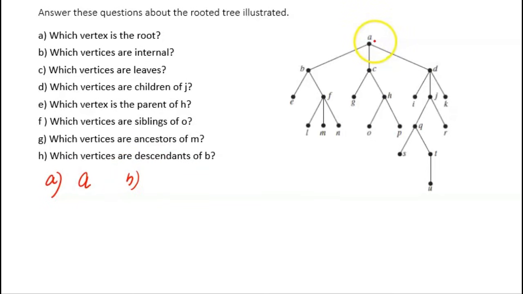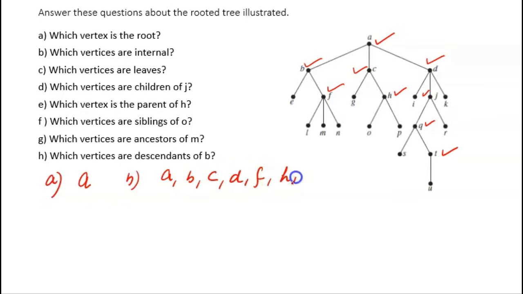I am writing the internal vertices: A, B, C, D, F, H, J, then Q and T. So let us write A, B, C, D, F, H, J, Q and T.